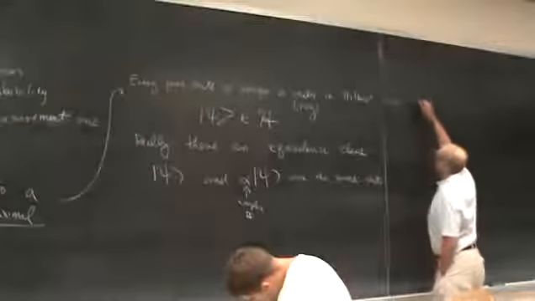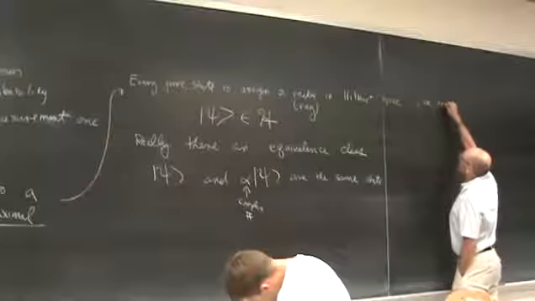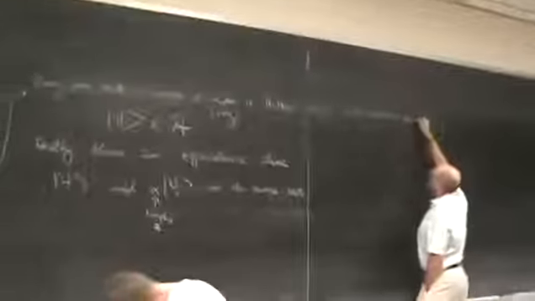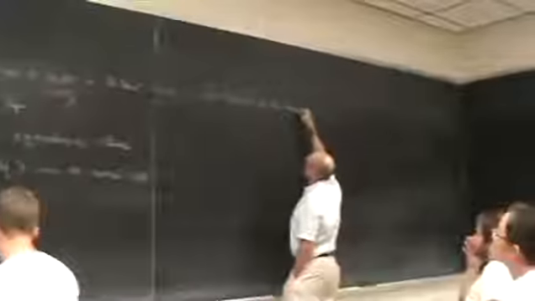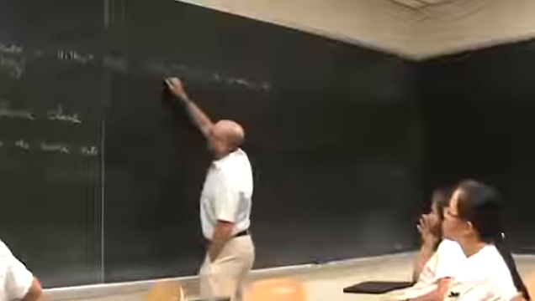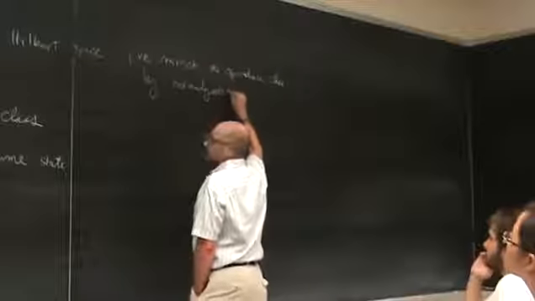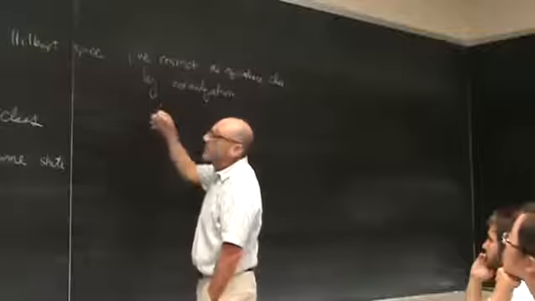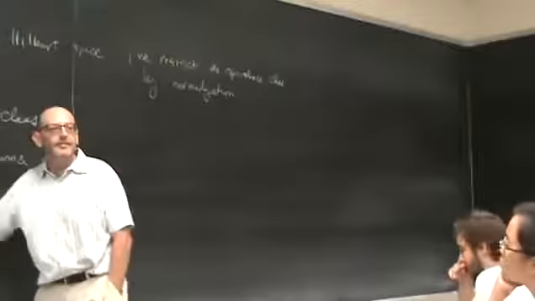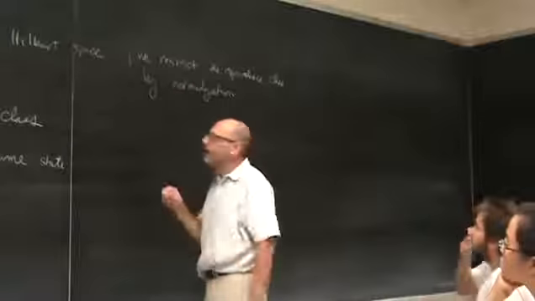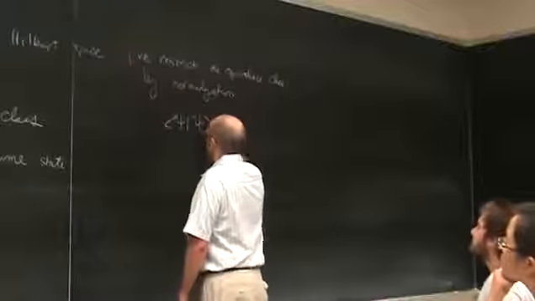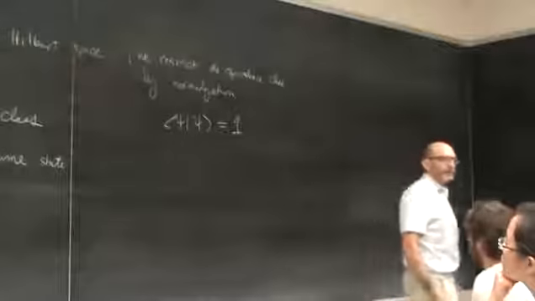Moreover, in order to restrict this equivalence class, as you know, we take as our convention to restrict it by normalization. So we pick within this class of states to represent the state, to choose it to be a unit vector. Have length 1.